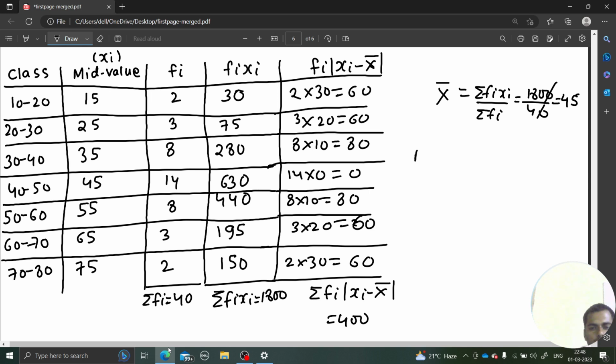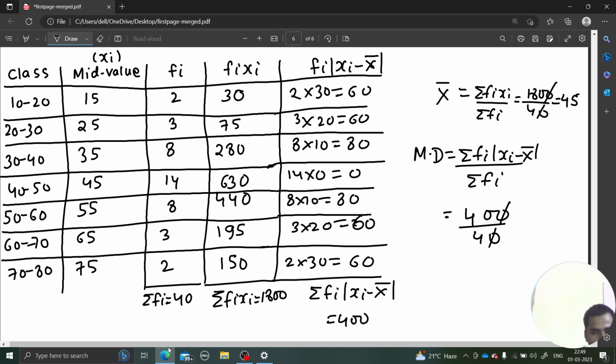So your mean deviation will be summation Fi |xi minus x bar| divided by summation Fi. So that is going to be 400 divided by 40, and this is coming out to be 10. Let's again check my answer whether it is correct or not. So perfectly correct. 45 is the mean, 10 is the mean deviation from the mean.